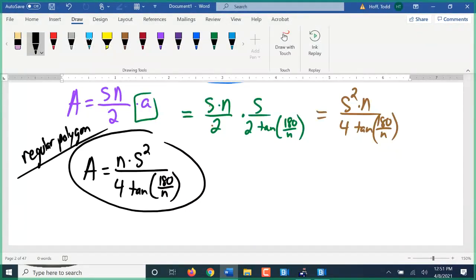We did a formula towards the end of last semester for the area of a regular octagon. We had a formula using the length of the side, using the length of the diagonal, using the length of the flat distance. Those formulas all derive from this formula here.